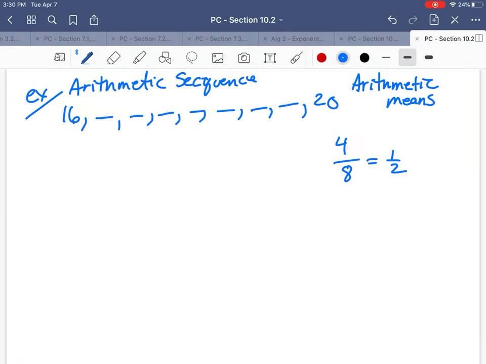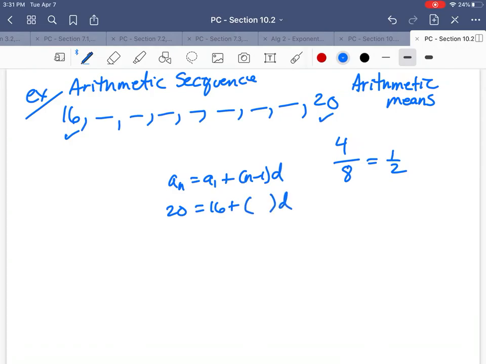There's another way to do it, which is to say to yourself, well, I have this 20 term right here, and I know my first term is 16. Let's figure out what the common difference is. So if you look at this formula here, the nth term is 20, all right? The first term is 16, and then n minus 1 times d.